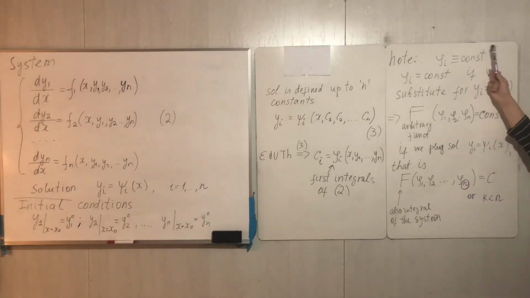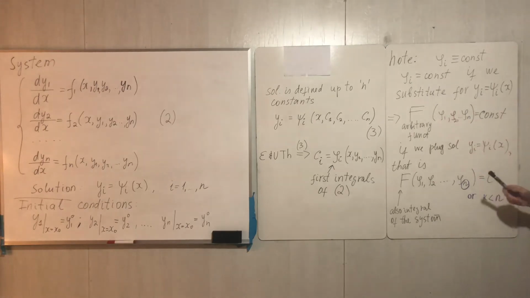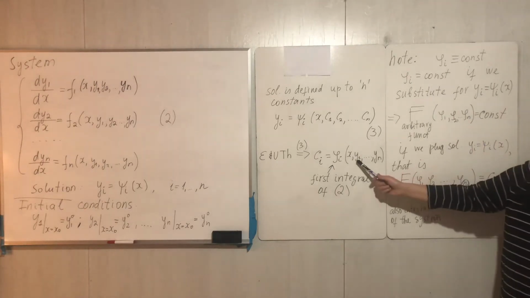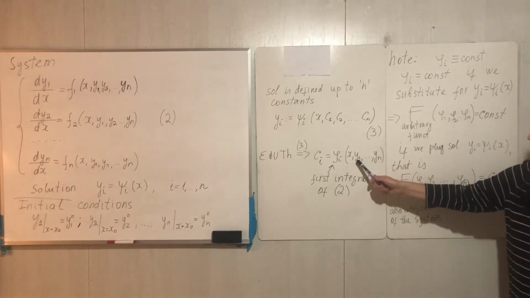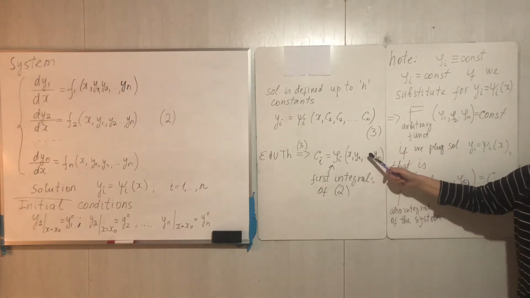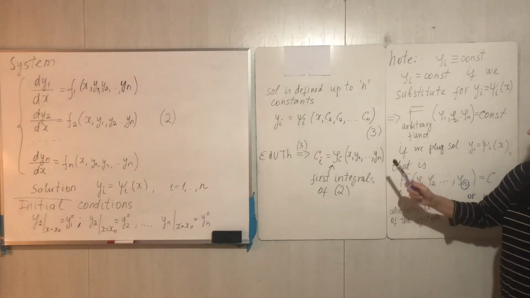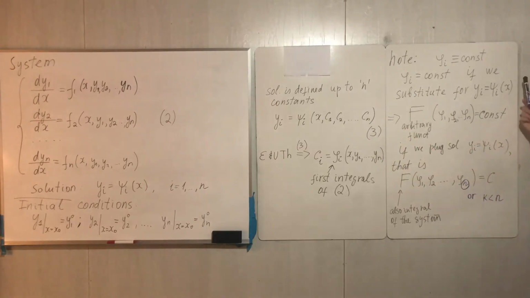So it's the general non-constant functions, but they are constant if we substitute here solutions. Obviously, it follows from here. If we plug here for y1, y2, yn solutions to the system, then we will get a constant.